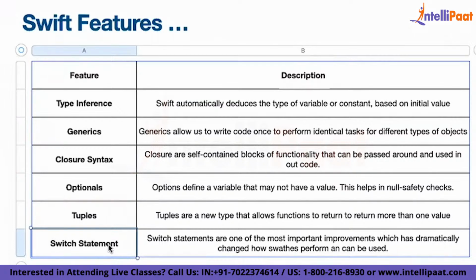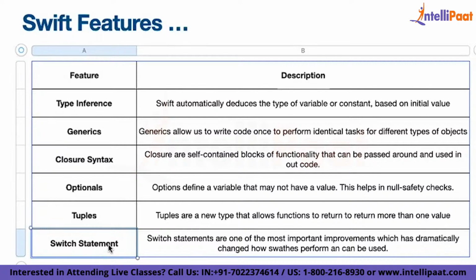For example, if you have to find out if a passed in character is a vowel, you will have to write probably 10 statements, 10 switch cases, small a, small u, capital U, small o, capital O. You will have to write 10 statements. But switch in Swift makes it possible in just one line.